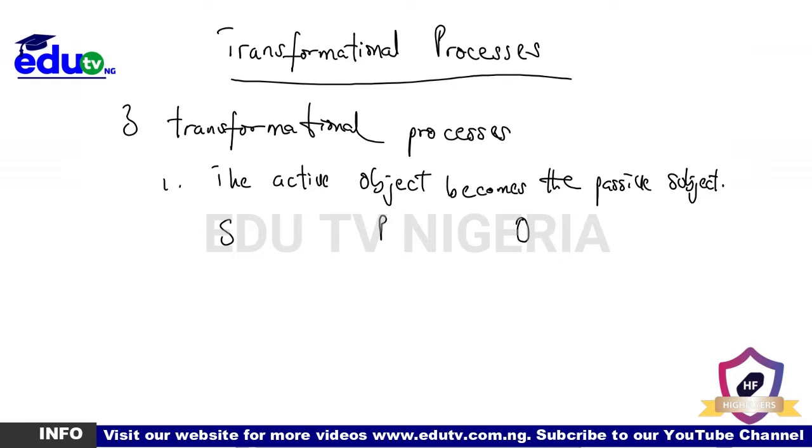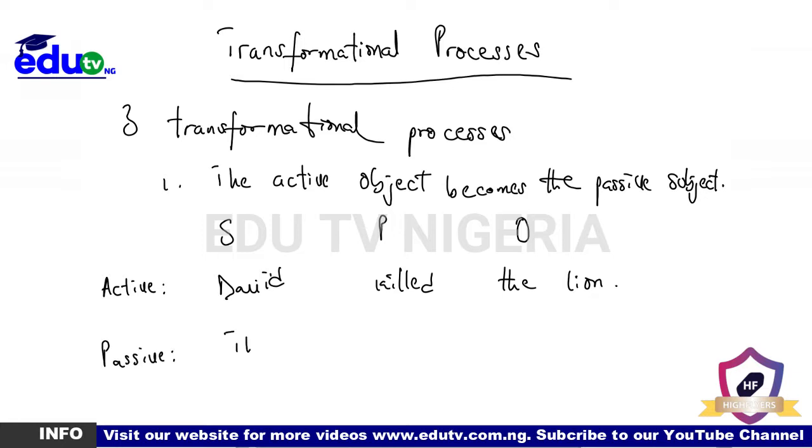So we said David killed the lion. Now, active. And let's look at a passive counterpart. The lion was killed by David.